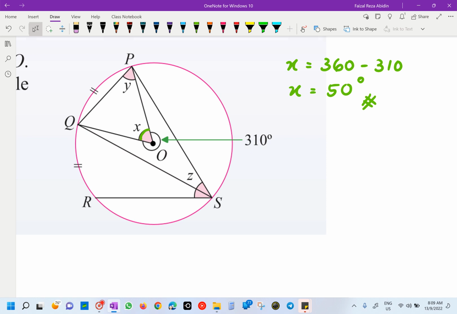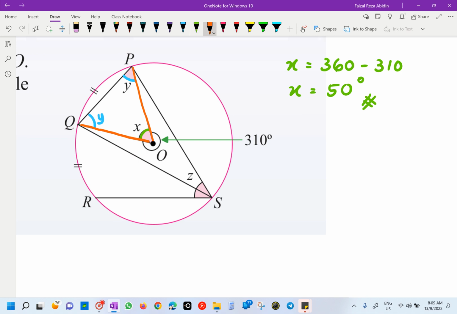Okay, next. How are we going to find our y value here? Y divided by 2. The same angle? Yes, that's right, same angle. Which one? At Q here, isn't it? So what are you going to have over here? Isosceles triangle.